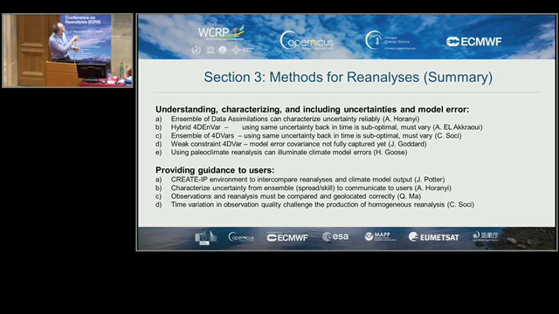And there was a pair of presentations that, as I reviewed them, I realized had said basically the same thing using two different systems, one a hybrid 4DEnVar and an ensemble of 4DVars: when you try to take the uncertainty characterization back in time, if you just use it off the shelf, that is suboptimal. And it just doesn't work. In one case, it actually made the model go unstable.